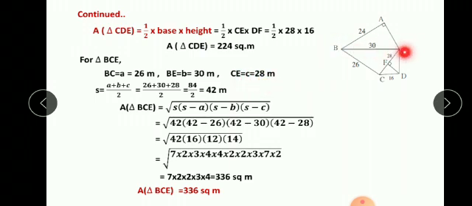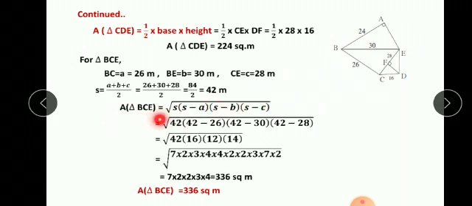Now for this triangle we know all three sides, so let us find the semi-perimeter. S is equal to a plus b plus c upon 2, which is 26 plus 30 plus 28 upon 2, that is 84 upon 2, equal to 42 meters. So now we have the semi-perimeter of this triangle.